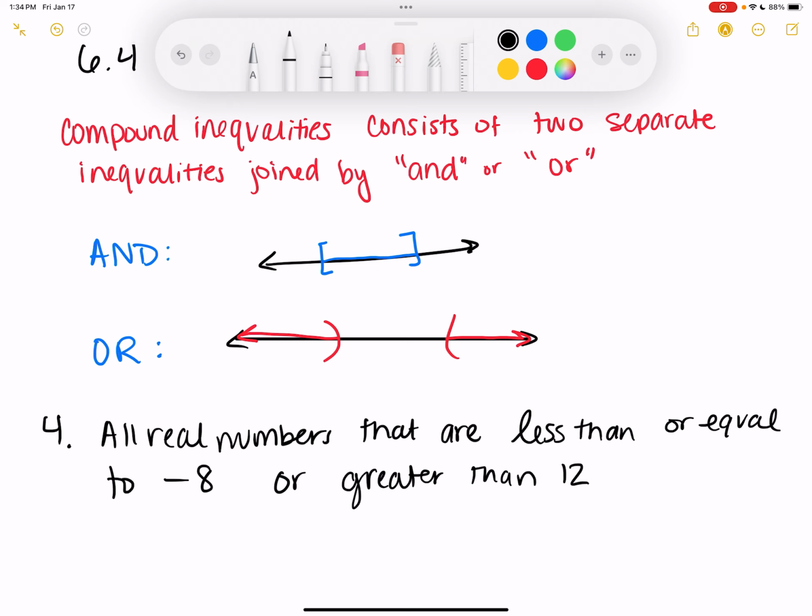Let's just look at the first part. All real numbers that are less than or equal to -8. How would you write that? When it says all real numbers, that's just saying x, basically. Ignore this or greater than 12 part. x is less than or equal to -8.